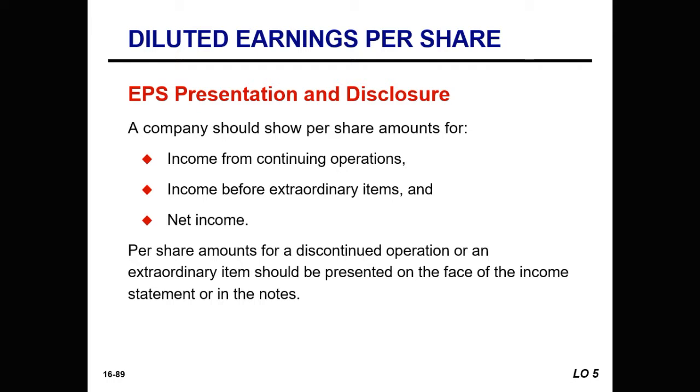So EPS is presented for a variety of things. There is continuing operations, income before some extraordinary items, things like discontinued operations, and net income. And per share amounts for discontinued operations or an extraordinary item should be presented on the face of the income statement or in the notes to the income statement.